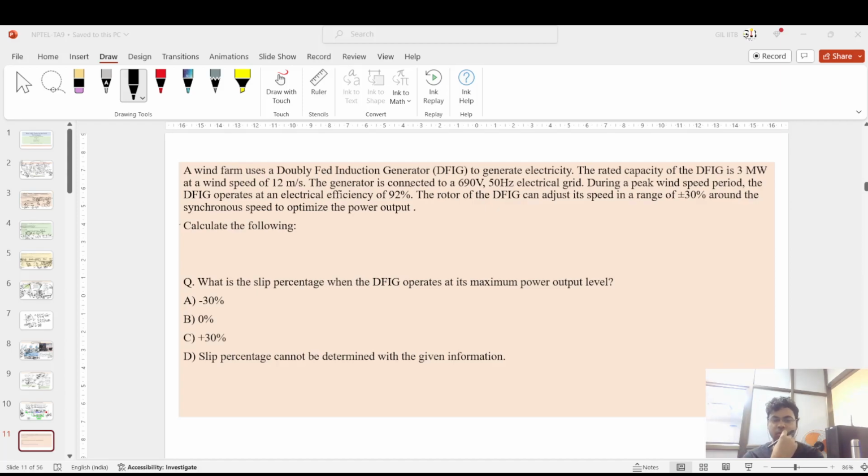Anybody? You can guess also. Just see A, B, C, D. If you don't know, you can do a calculated guess.